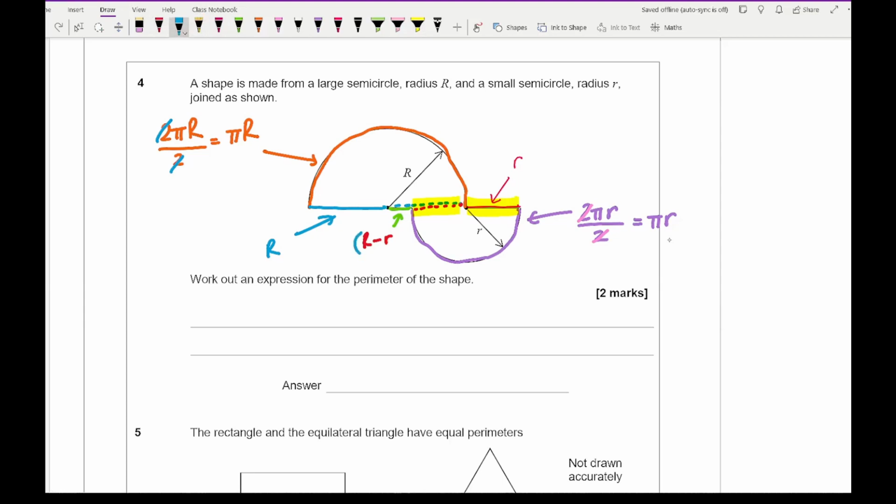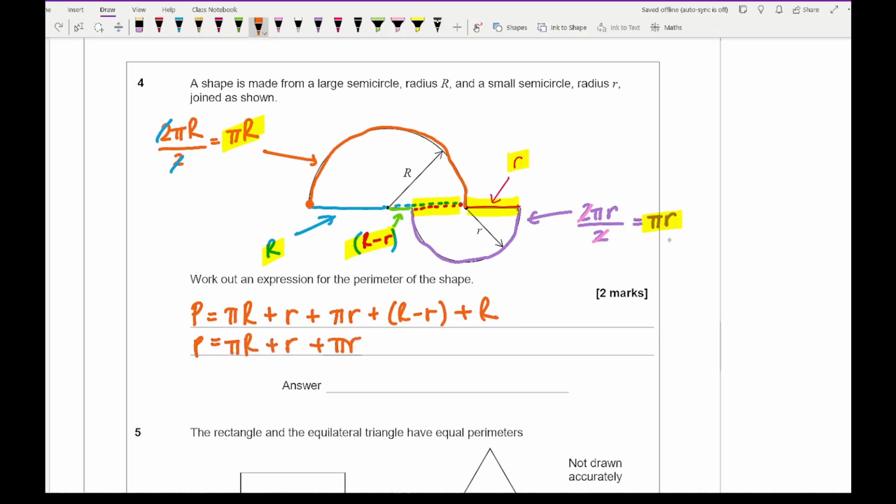So then all that's left for me to do is to add all of those sides together. So I'm adding this side plus this plus this plus this plus that. So here the perimeter, so P equals, if I start going in this direction, I've got pi capital R plus little r plus pi little r plus R minus little r plus R. Then if I take that bracket out, I get pi capital R plus r plus pi r plus capital R minus little r plus r.